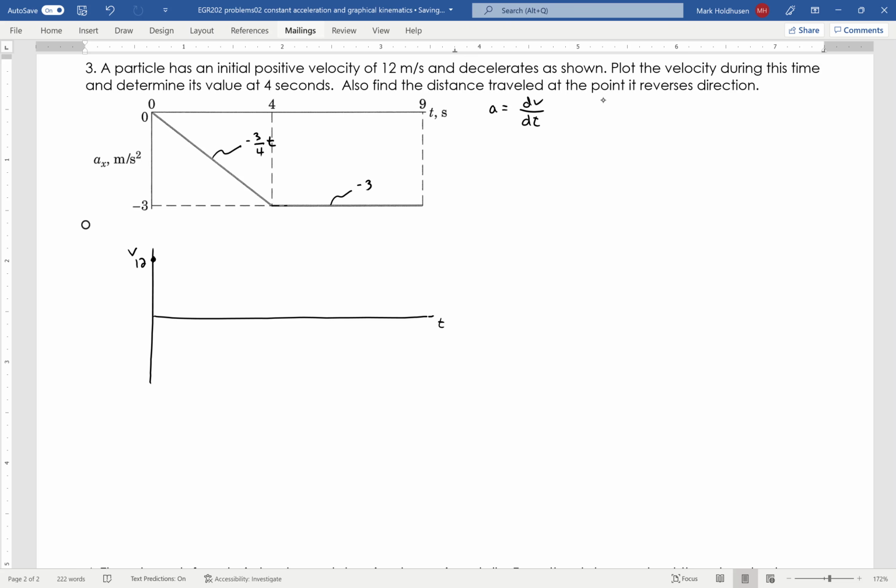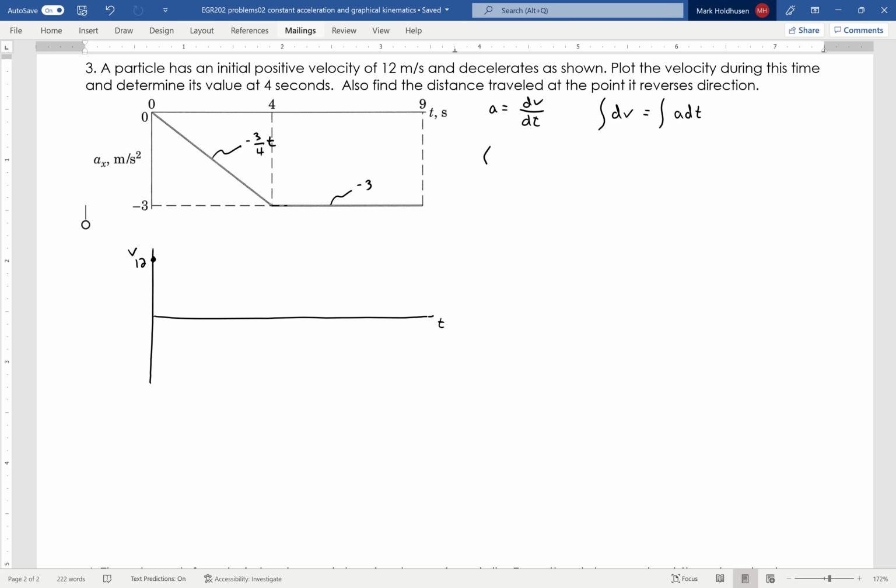And I'm going to use separation of variables and basically figure out that dv equals a dt.